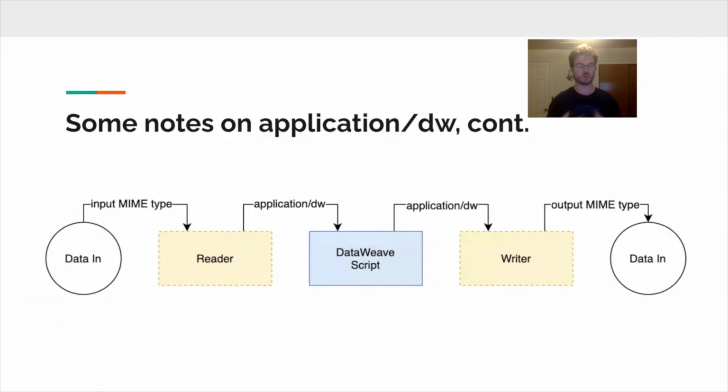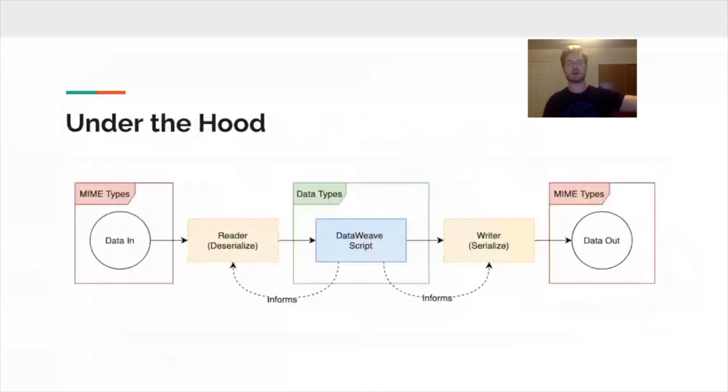So when you're working with the data in the DataWeave script, it's not XML anymore. If you've ever written code that refers to variables as person JSON or person XML or data XML or something like that, it's really not an accurate representation of the data you're dealing with. Remember, the XML, if we go back here real quick, exists outside of the DataWeave script. It's a MIME type.